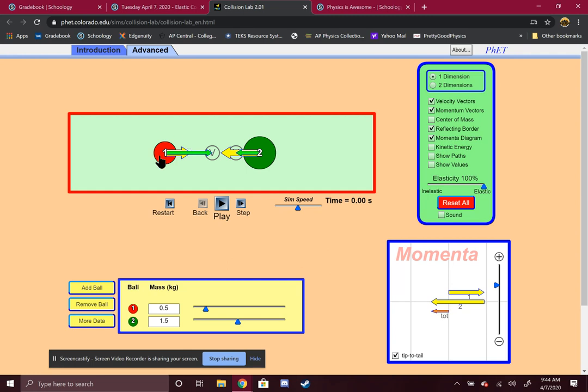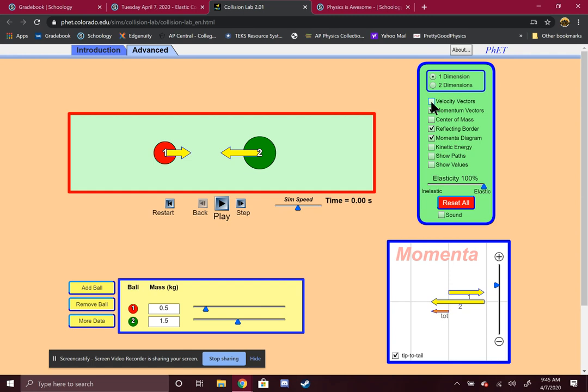So remember, this little arrow here, the yellow arrow, talks about the momentum. If you make the green arrow disappear, it's your yellow arrow that talks about the momentum. Which one right now has the greater momentum?